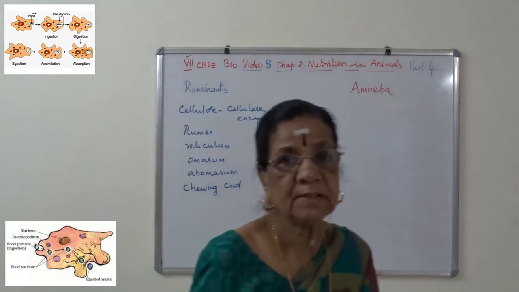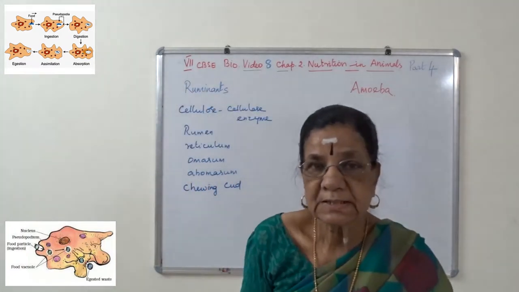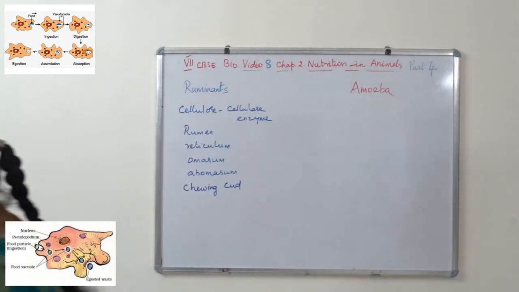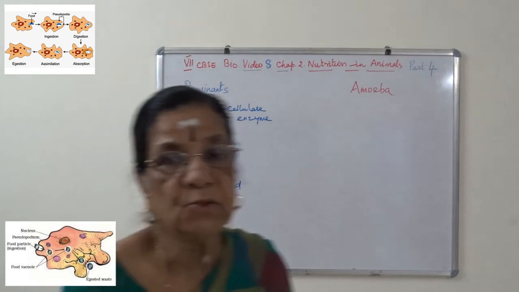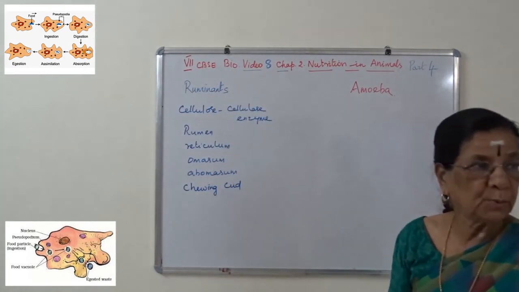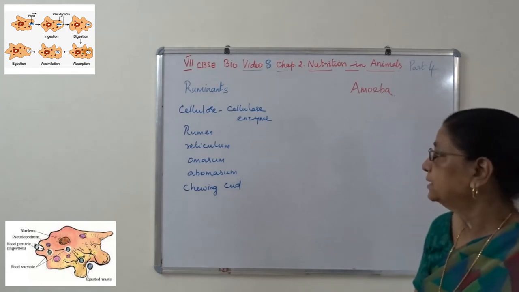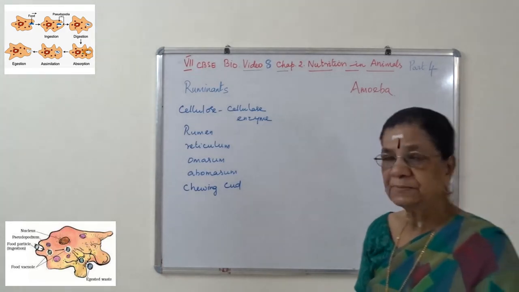Ruminant animals have a stomach with a different structure, with 4 different chambers. Those chambers are, I repeat, because you should remember this, right? Rumen, reticulum, omasum, and abomasum, right?